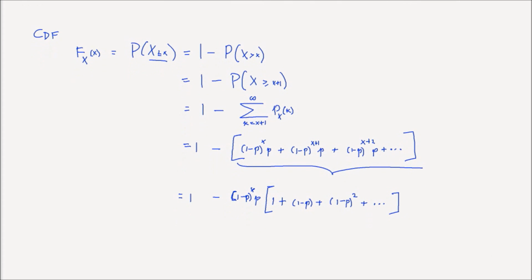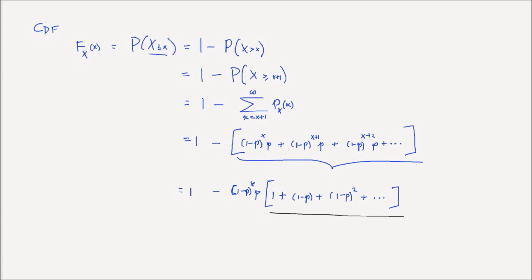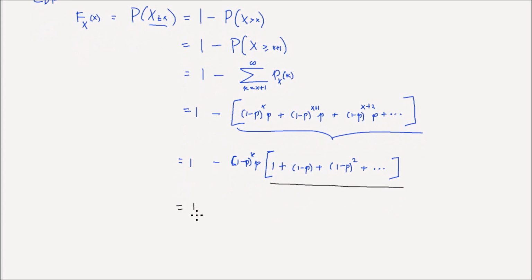So this term in square brackets can be written as the sum, little k starting from 0 to infinity, of 1 minus p to the power of k.